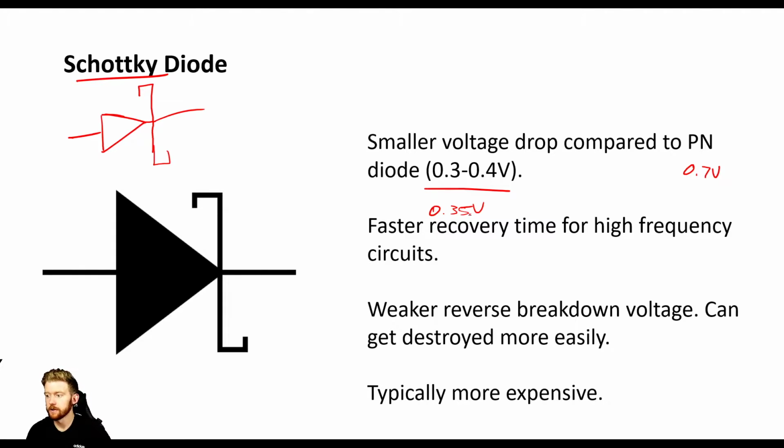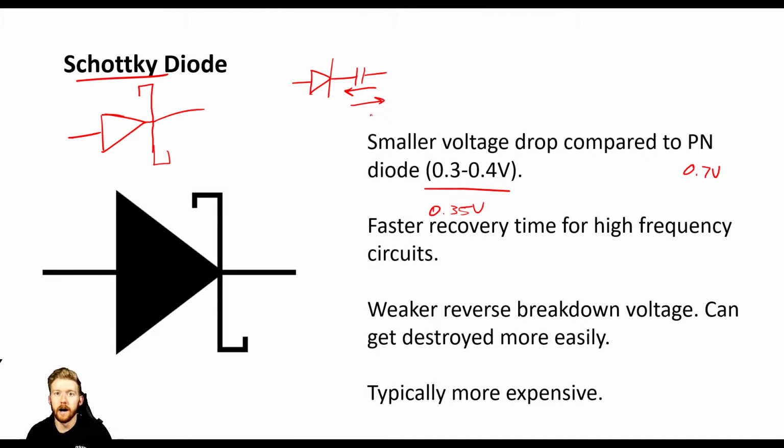Now, in addition, they also have what's called a faster recovery time for high frequency circuits. The reason for that is because diodes, whenever they are reverse biased, actually have a little bit of capacitance in series. Whenever they're reverse biased, you're actually charging up this capacitor a little bit. So for high frequency AC circuits, this is getting charged and discharged very quickly.